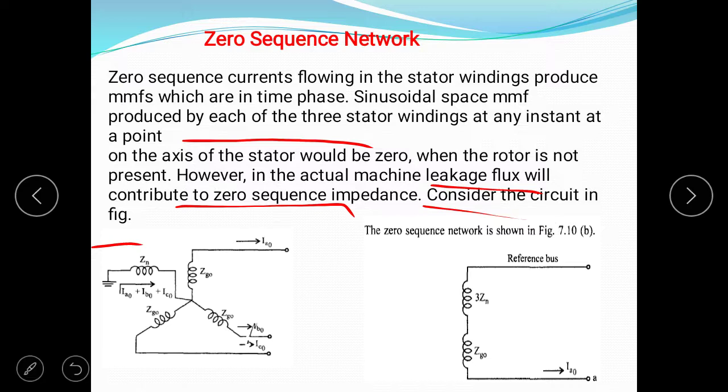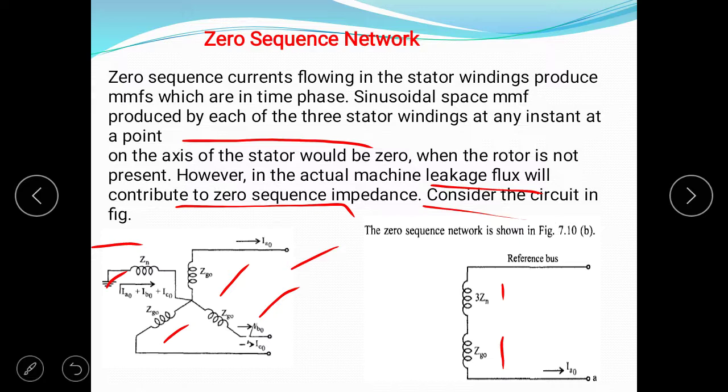In this figure, we present a machine. Its zero sequence impedances are ZG0 for phase A, ZG0 for phase B, ZG0 for phase C, and there is a neutral impedance of Zn. So the zero sequence network of a synchronous machine consists of a leakage impedance ZG0 plus the neutral impedance multiplied by 3, that is 3Zn. Why 3Zn? Because the neutral current IN is equal to IA0 plus IB0 plus IC0.